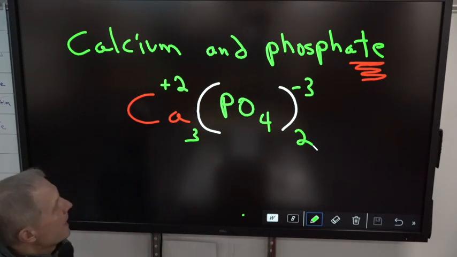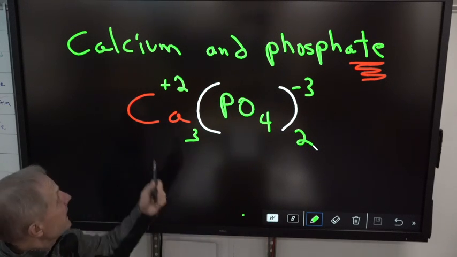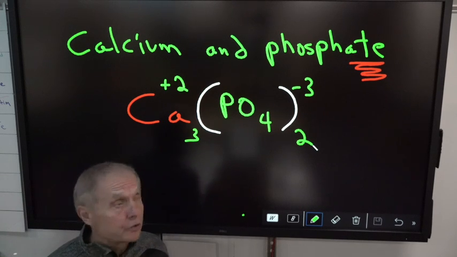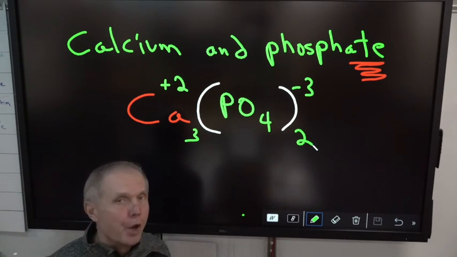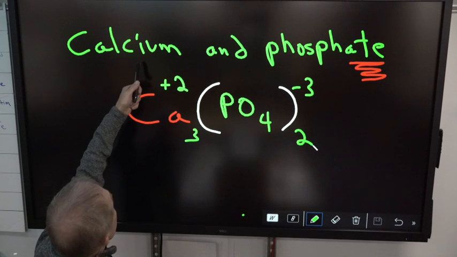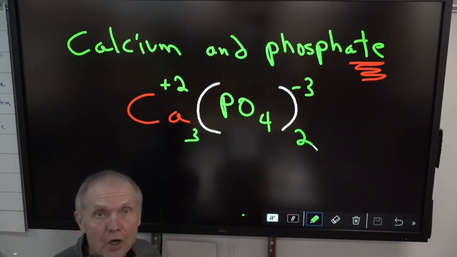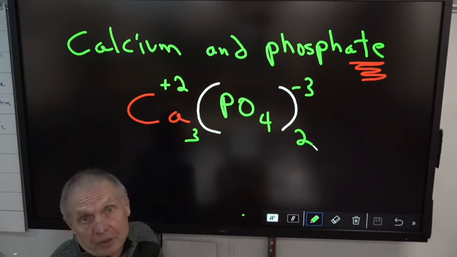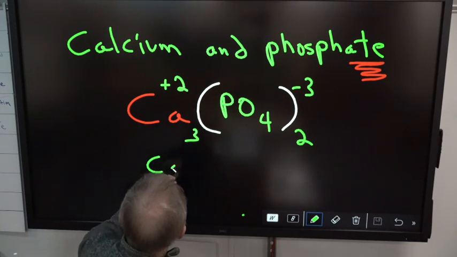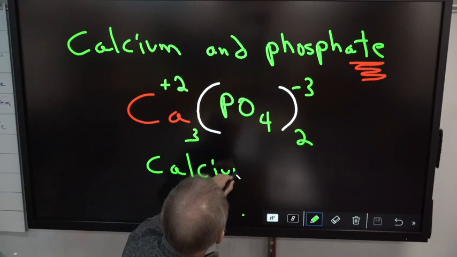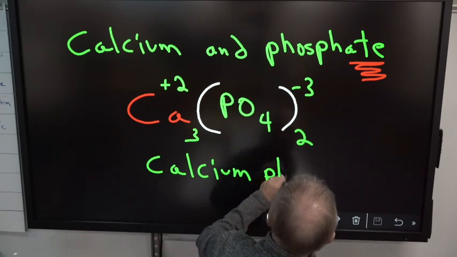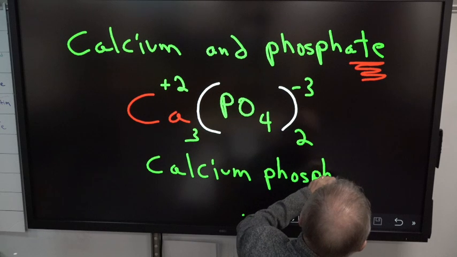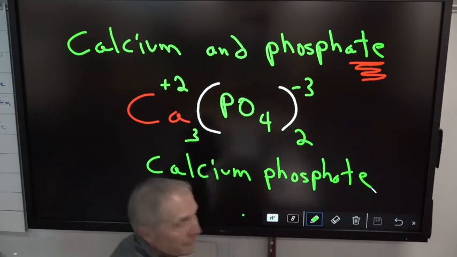Now, how do you name it? Would this be calcium Roman numeral 2 phosphate? No, because calcium only has one charge when you look at it on the periodic table. So the name of this is simply calcium phosphate.